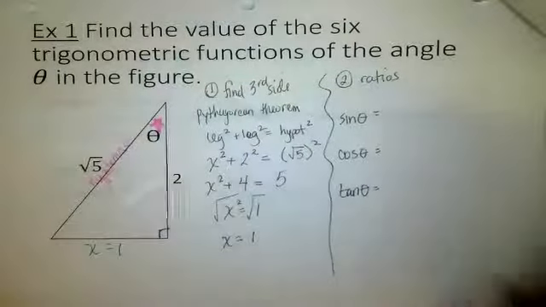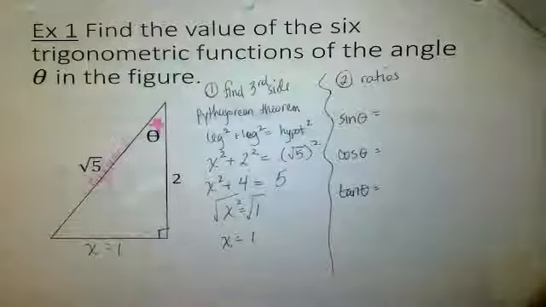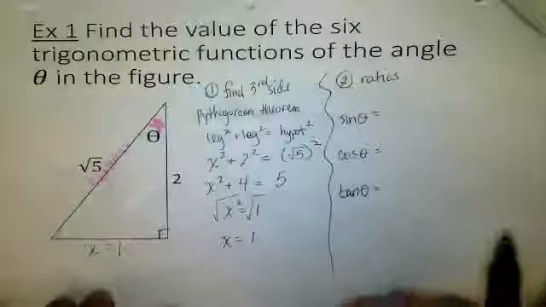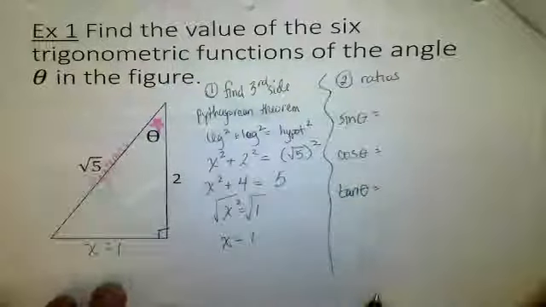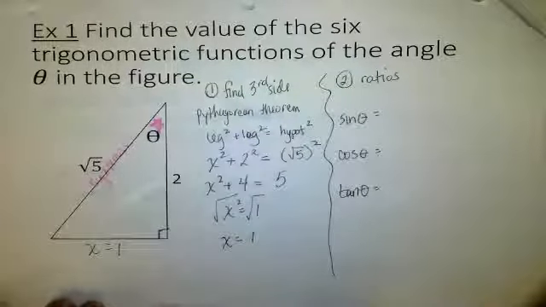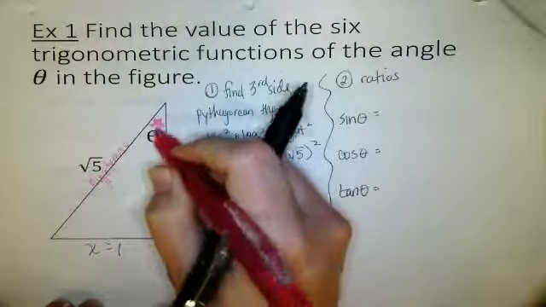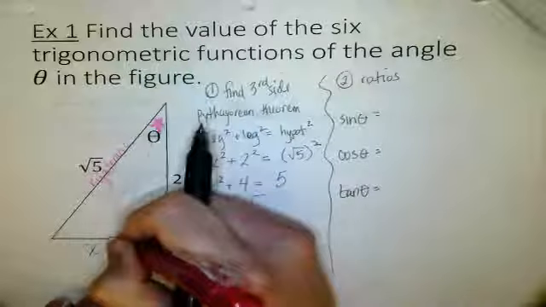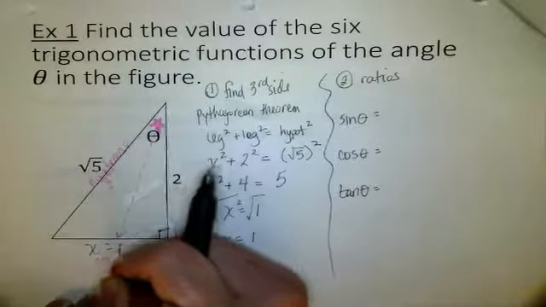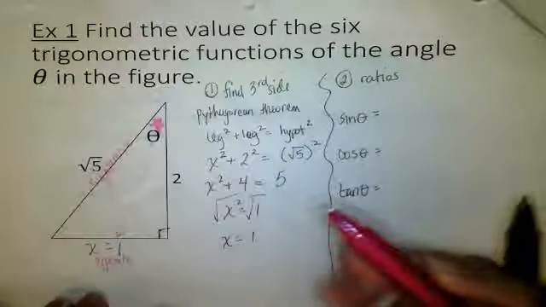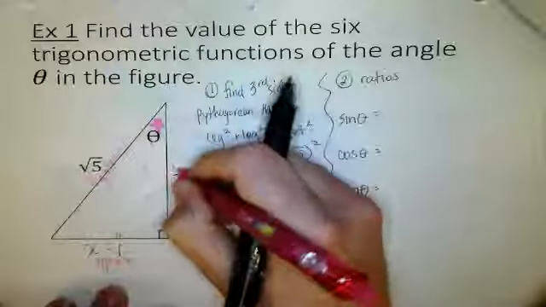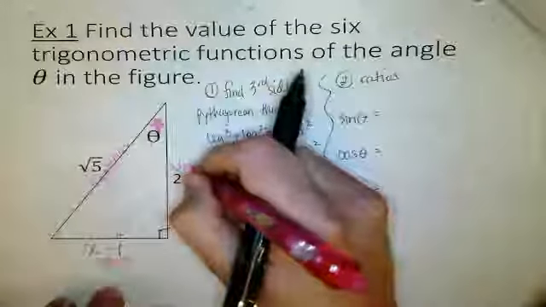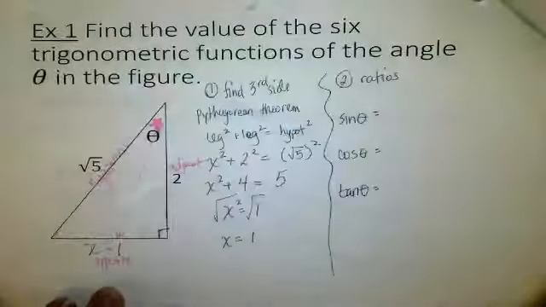Very important. Before we write those down, I need to label my opposite and adjacent sides. Which one of these legs is my opposite leg? We're looking from here, angle theta, and the opposite side is 1. So make sure you know where you're looking from. That leaves 2 as the adjacent, A-D-J-A-C-E-N-T, the adjacent side.